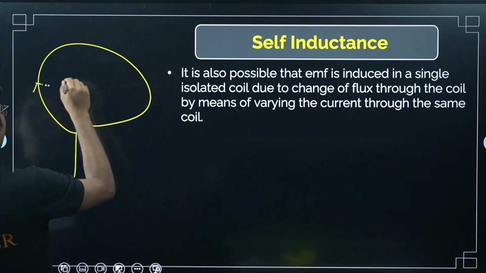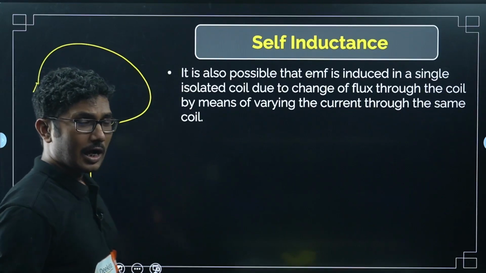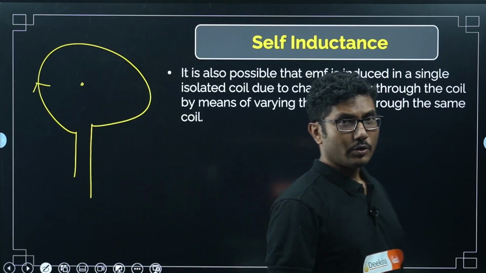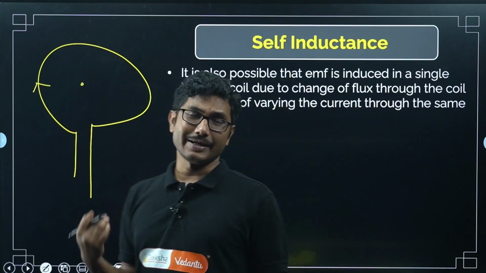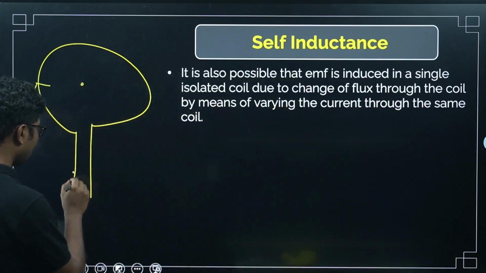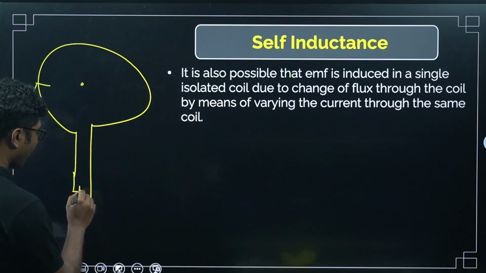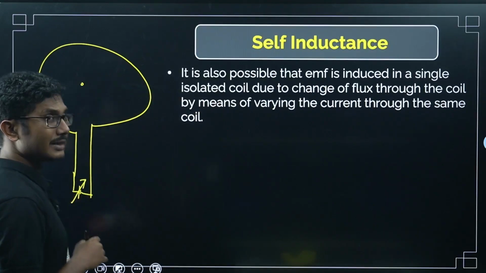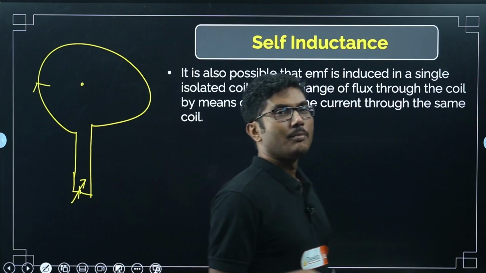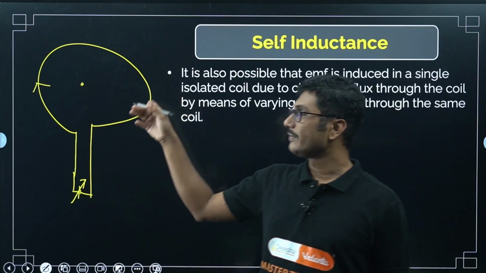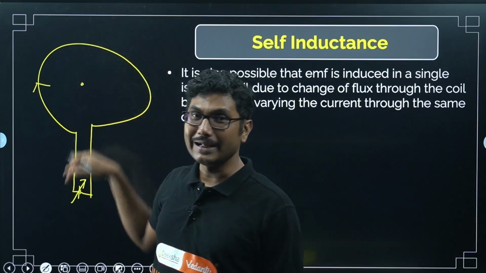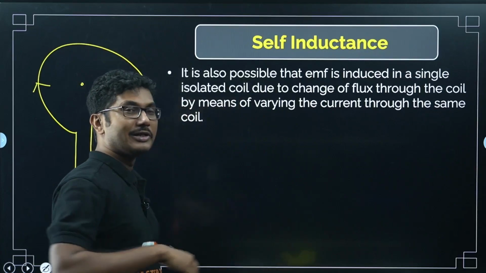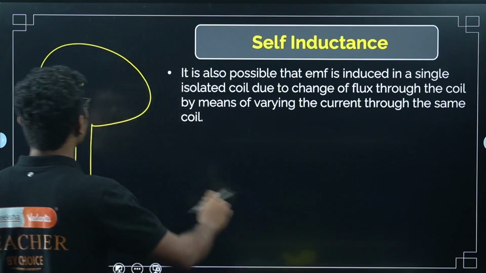If current passes through this coil, there will be a magnetic field produced by this current, and if you change this current using some mechanism, then this will in turn produce a magnetic field of that coil itself, and this coil will try to stop the flow of the current.